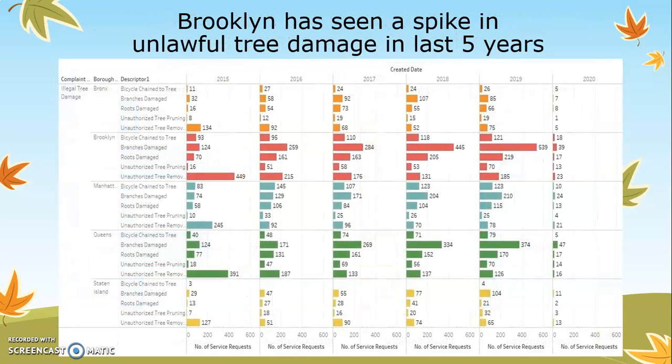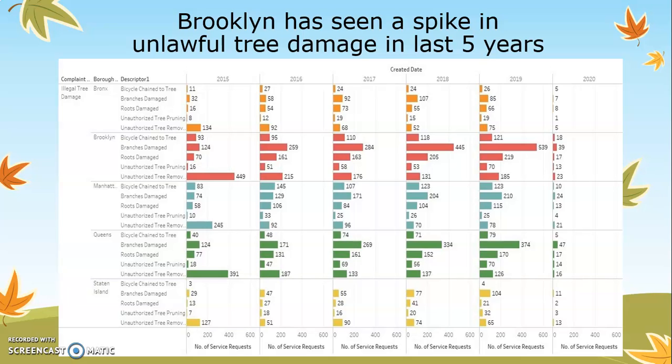The next slide talks about the unlawful damage that has occurred in Brooklyn over the last 5 years. Here we could easily see that the dataset describes various things. The description says that one of the factors is bicycles being chained to trees, branches being damaged, roots being damaged.